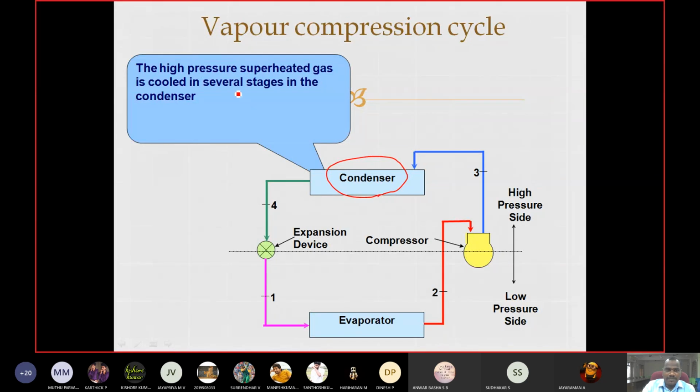This superheated high pressure gas is cooled in several stages with the use of fins, right? Then you know what the expansion device is. The high pressure gas has its pressure reduced after this expansion device.